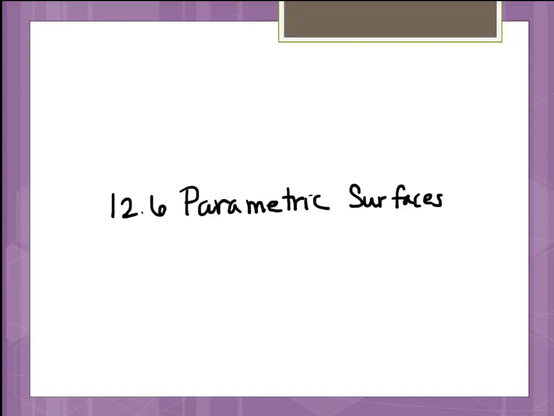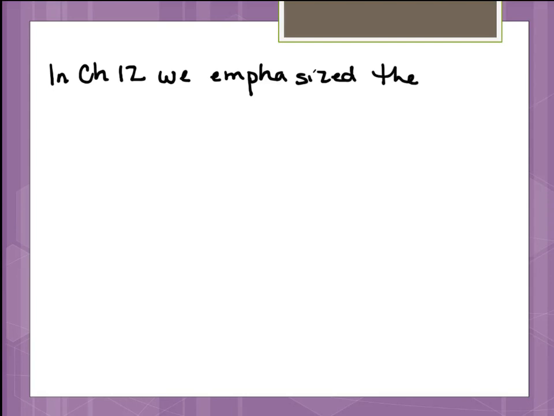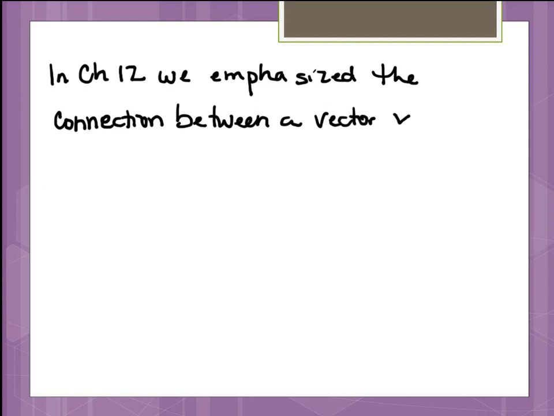Section 12.6, we're going to talk about parametric surfaces. So, in Chapter 12, which is the chapter we're on, we've emphasized the connection between a vector-valued function and parametric equations.